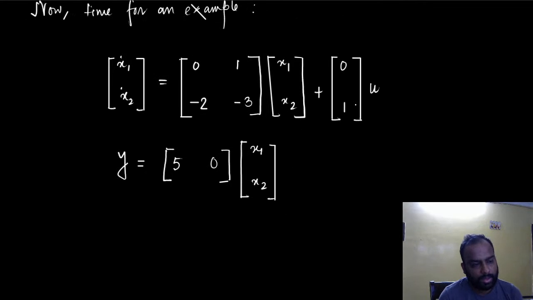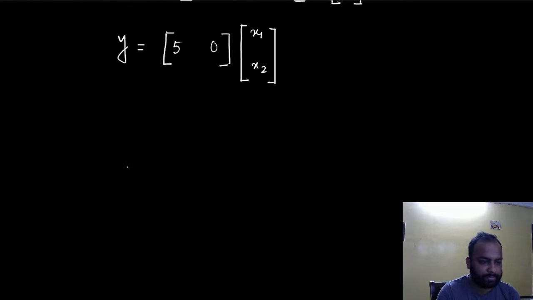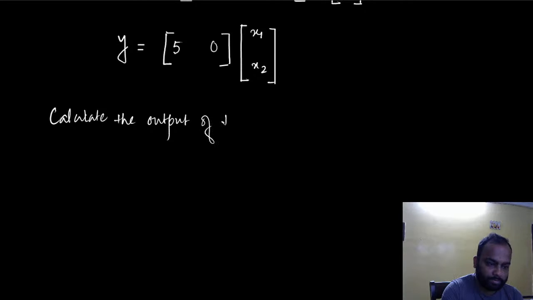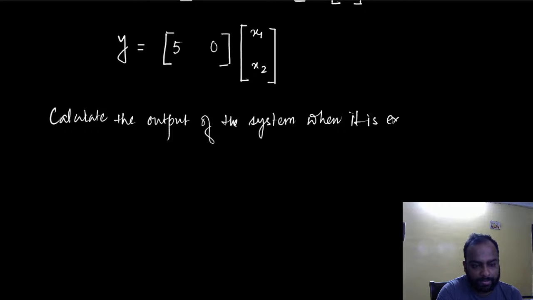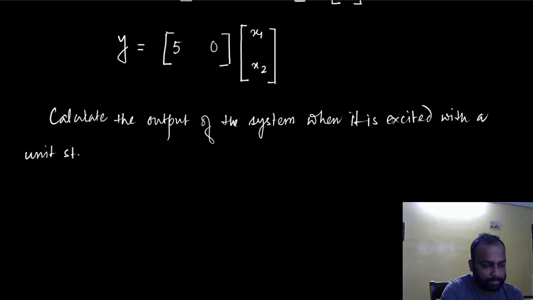Alright, so now the question is: calculate the output of the system when it is excited with a unit step input. So I'm asking for the step response, technically.